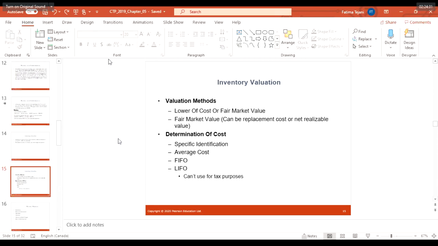You can also value your inventory at the end of the year using any of these methods: specific identification, average cost, FIFO. FIFO is first in, first out. LIFO is last in, first out. Generally, you don't use LIFO for tax purposes. LIFO is where you get stock every time in the warehouse, but whenever you sell, whatever is last in, you take first out.